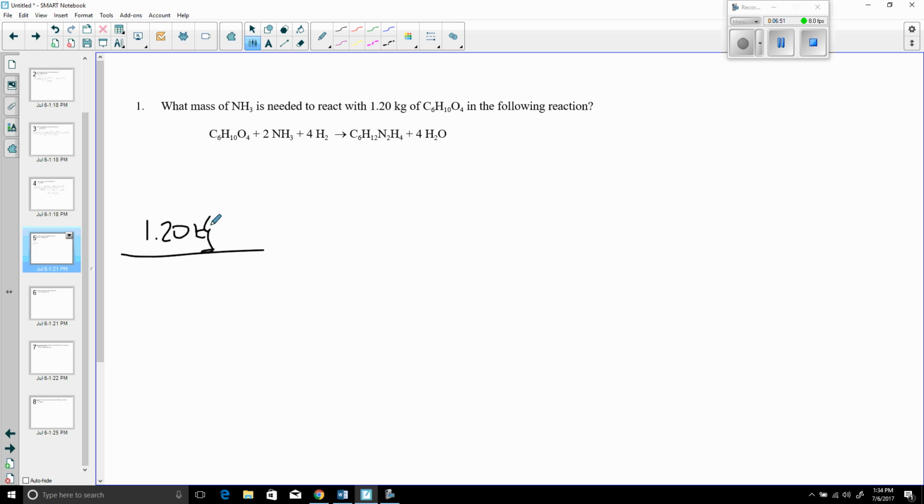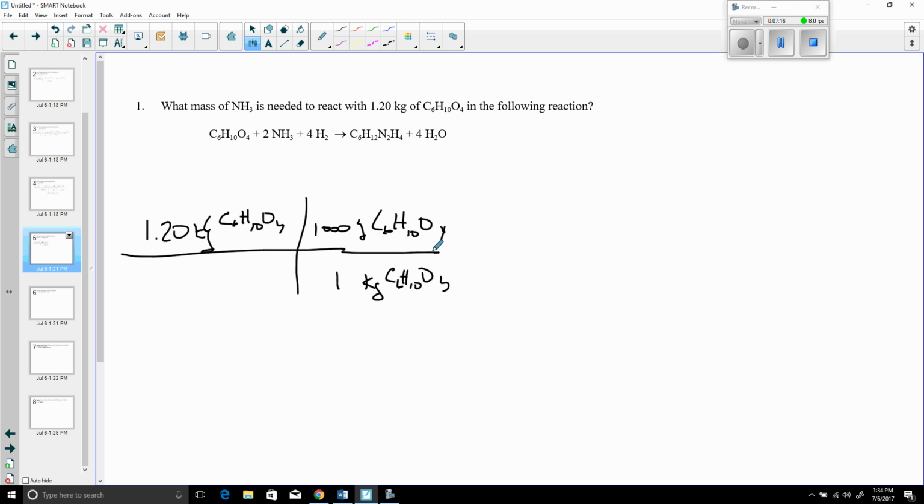C6H10O4, and we're going to say kilograms of C6H10O4 is equal to grams of the same substance, and so 1 is equal to 1,000, and then now we can use our molar mass, right?